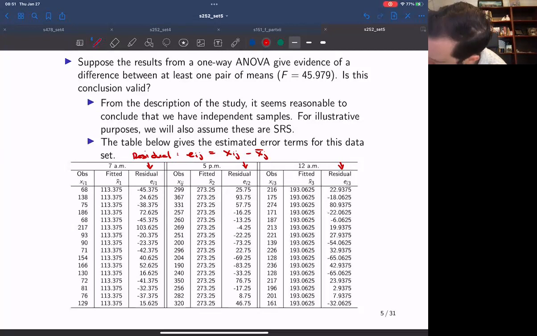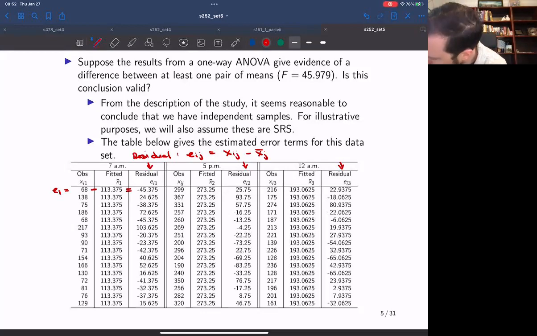So e11 is equal to 68 minus 113.375, which equals negative 45.375.